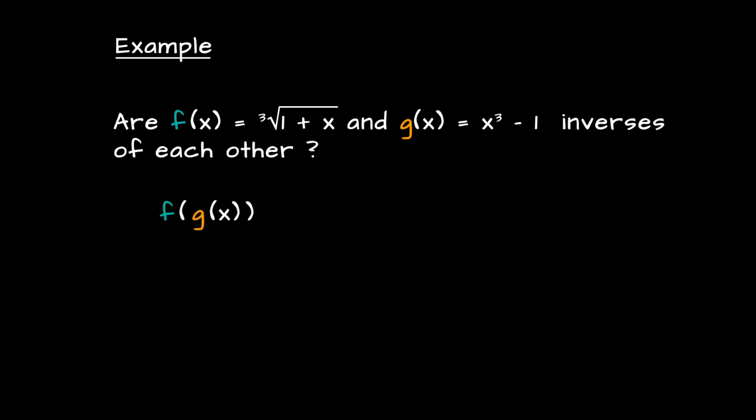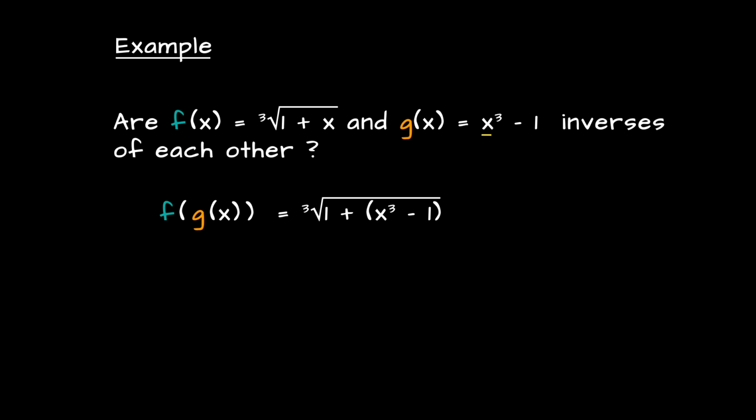In this example, where we're being asked to determine whether the function f defined as the cube root of 1 plus x and the function g defined as x cubed minus 1 are inverses of each other, we can simply compute the composition f of g of x. That works out to be the cube root of 1 plus x cubed minus 1.